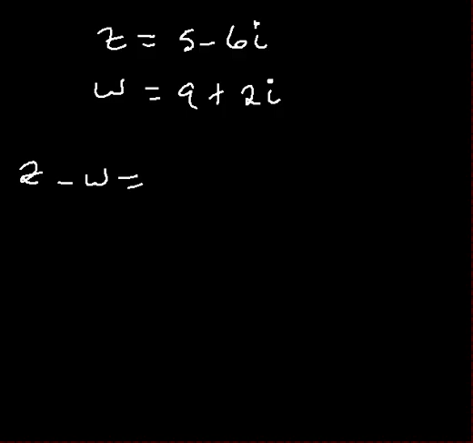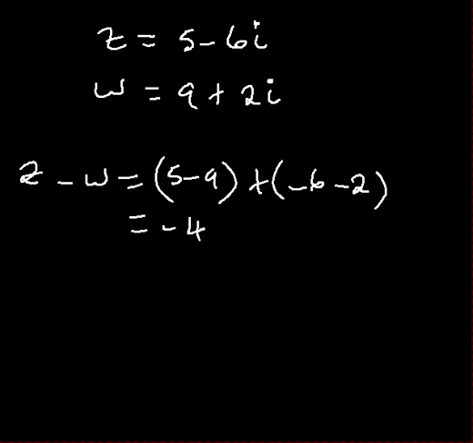We should have 5 minus 9, plus negative 6 minus 2, and thus we should have negative 4 and negative 8i. So that's how we should have it.